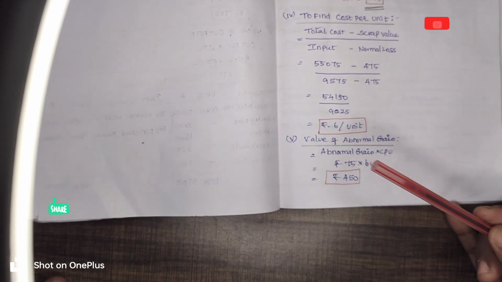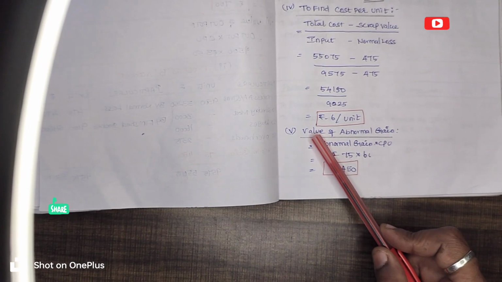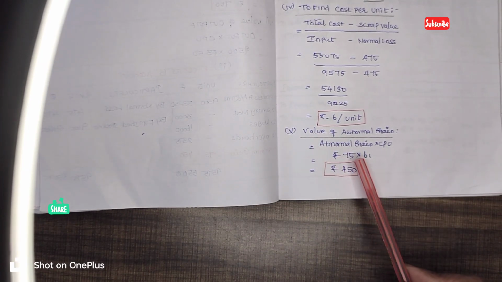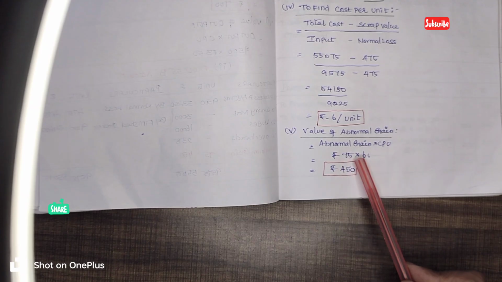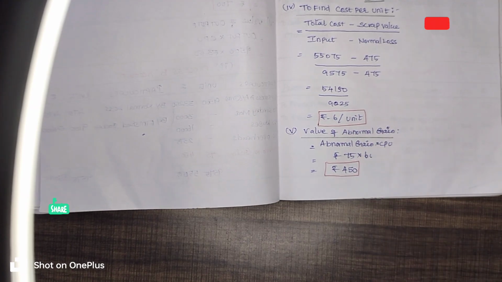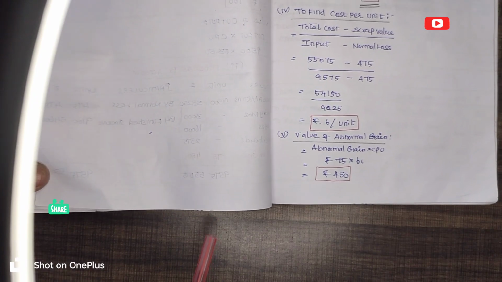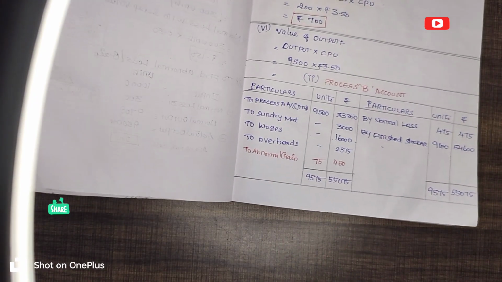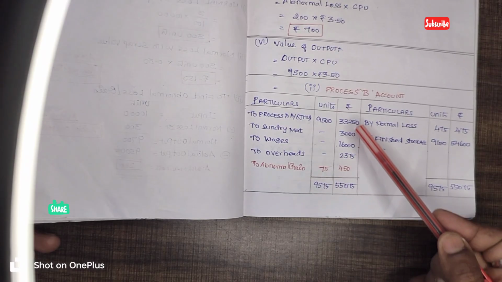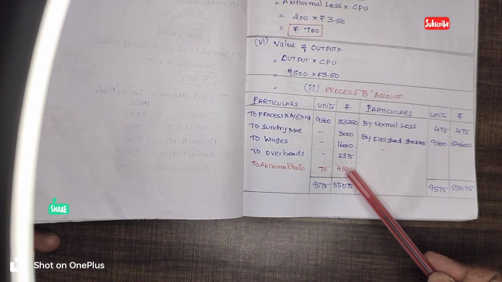Then we can easily find out the value of abnormal gain. How much abnormal gain do we have? 75 units into cost per unit 6 gives you 450 rupees. So the value of abnormal gain is 450 rupees. On the debtor side against abnormal gain, you write 450 in the rupees column.